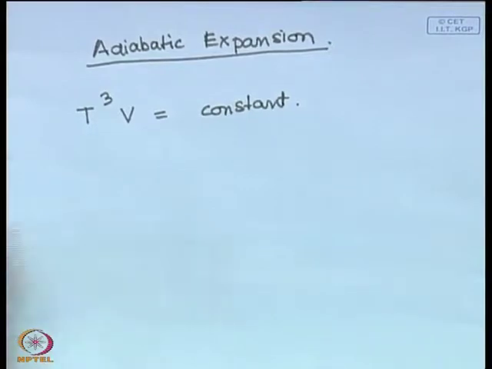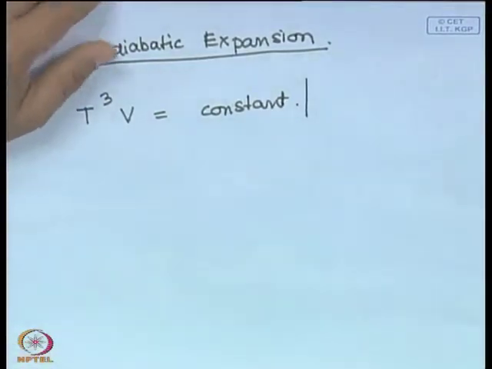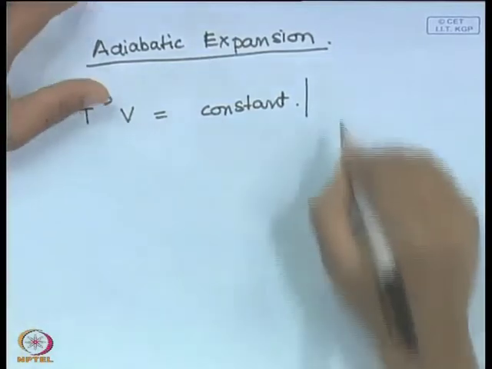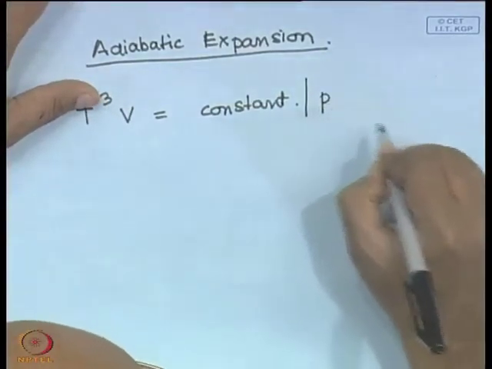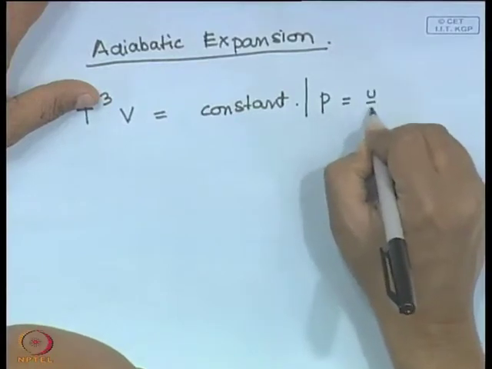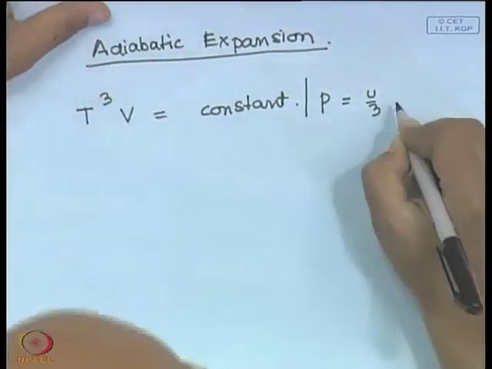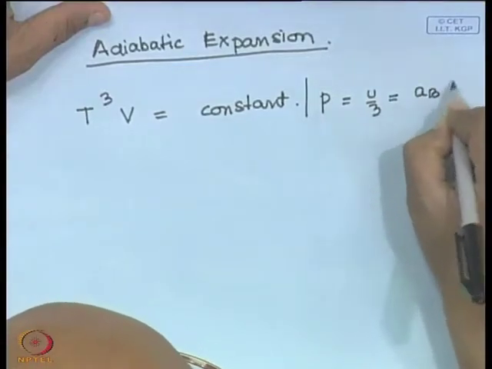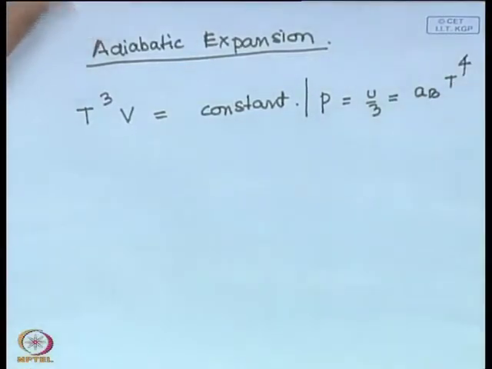Right, and it is convenient to write this relation in terms of the pressure and the volume. It is quite often convenient to write it in terms of the pressure and the volume. Now, we know that the pressure is U by 3 and we know that this is proportional to T to the power 4.